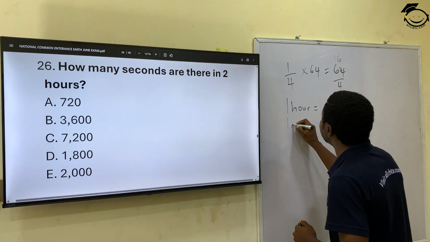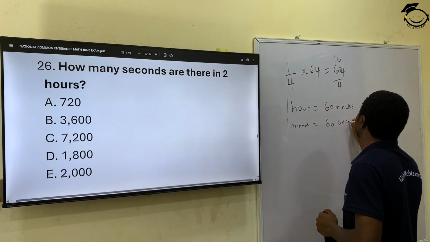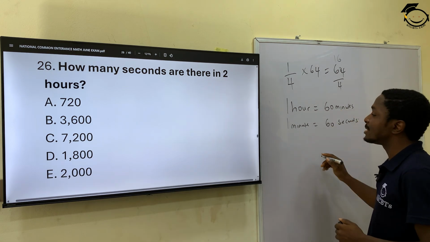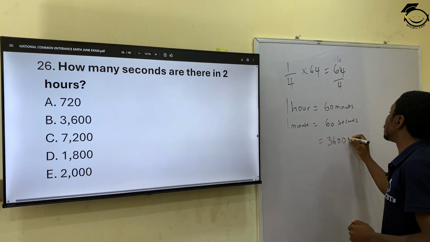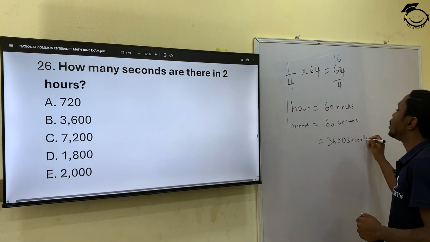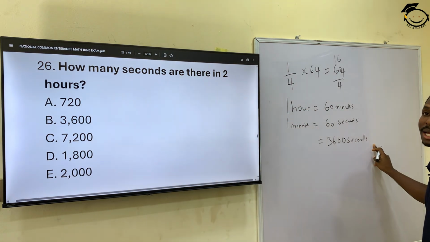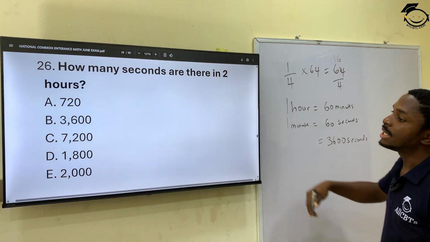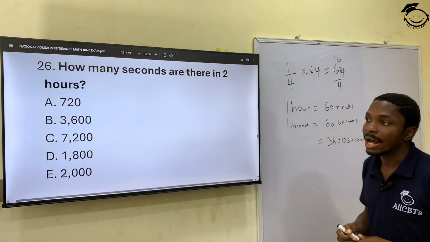So 1 minute equals to 60 seconds. So 60 times 60, that will give you 3,600. So 3,600 seconds are in 1 hour. So how many seconds are in 2 hours? You just need to multiply this by 2. So 3,600 times 2, that will be 7,200 seconds in 2 hours.